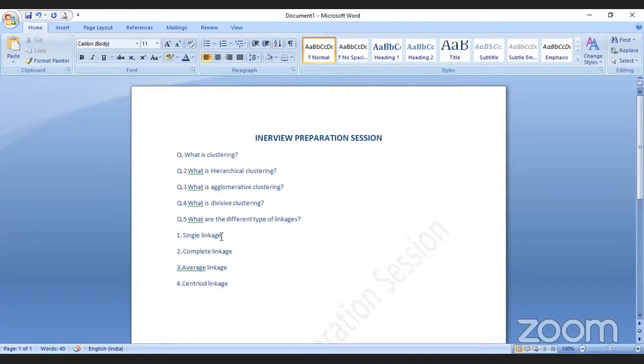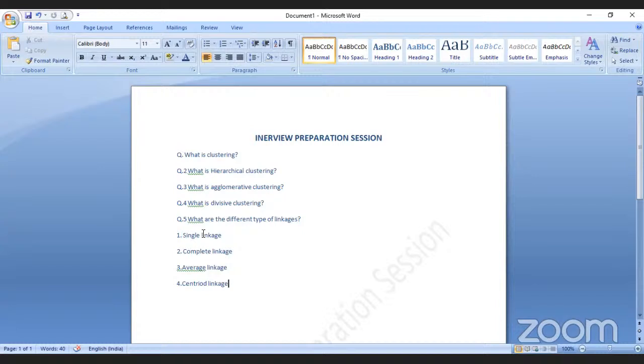So what is single linkage? These are all the linkages in which we measure the distances between the data points, or between the centroids, or between the clusters. On the basis of that, we will be making the linkages. As per the name, single linkage is also called nearest neighbor.